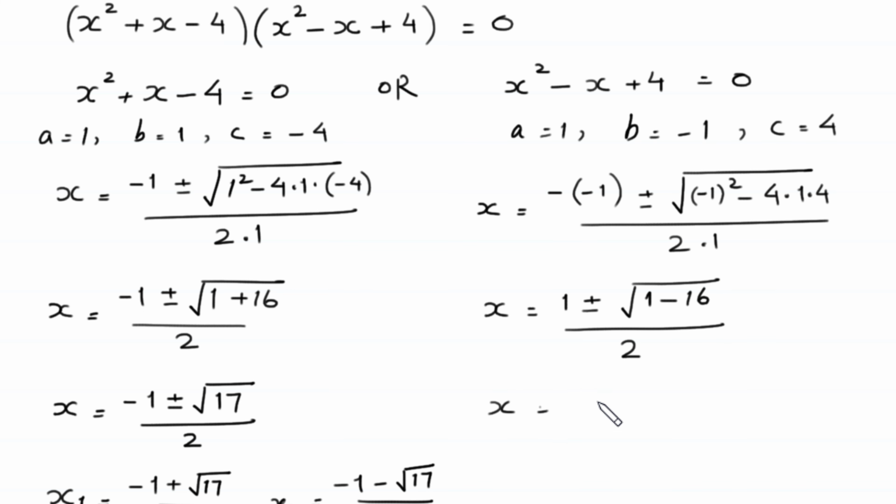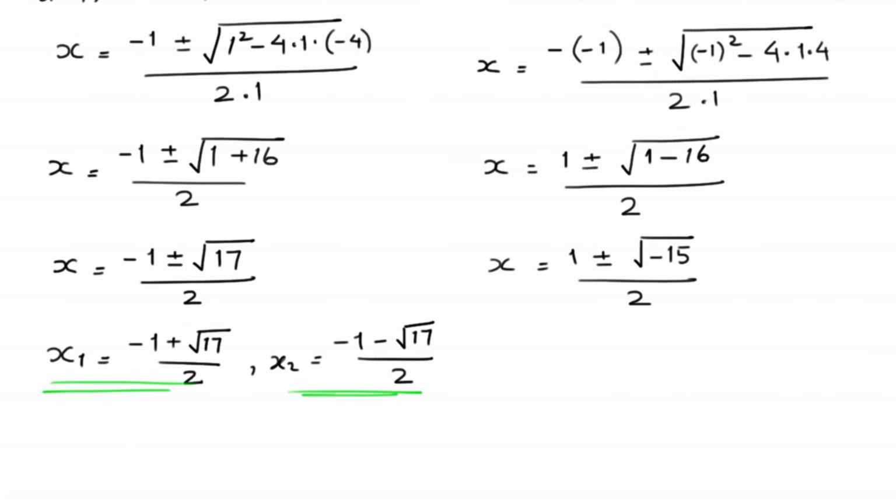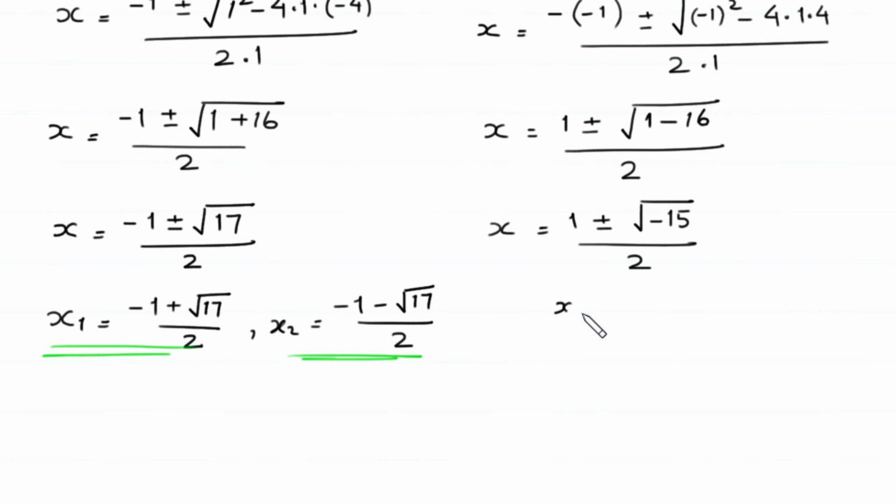and x is equal to 1 plus or minus square root of 1 minus 16, minus 15, divided by 2. Next, x is equal to 1 plus or minus, we can write this square root of -15 as square root of 15 times square root of -1 divided by 2.